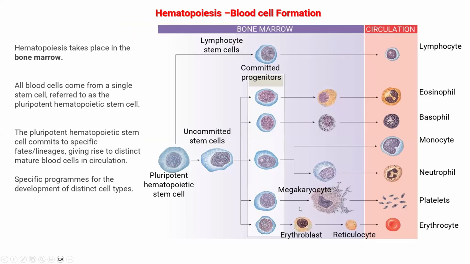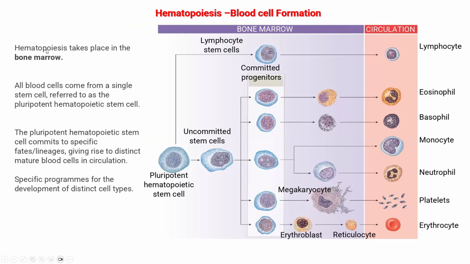Hematopoiesis, blood cell formation. As I just mentioned, we have different types of blood cells. So how are these cells formed in our body? Hematopoiesis takes place where? In the bone marrow.